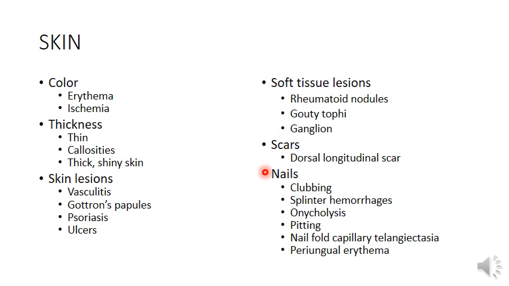Look for any pallor, cyanosis, clubbing, which might indicate a cardiovascular problem, splinter hemorrhages and Janeway's lesions, which might indicate infective endocarditis, onycholysis, pitting of the nails, which is usually present in psoriasis, nail fold capillary telangiectasia, and periungual erythema, which are positive in autoimmune diseases like SLE, and sclerodactyly.